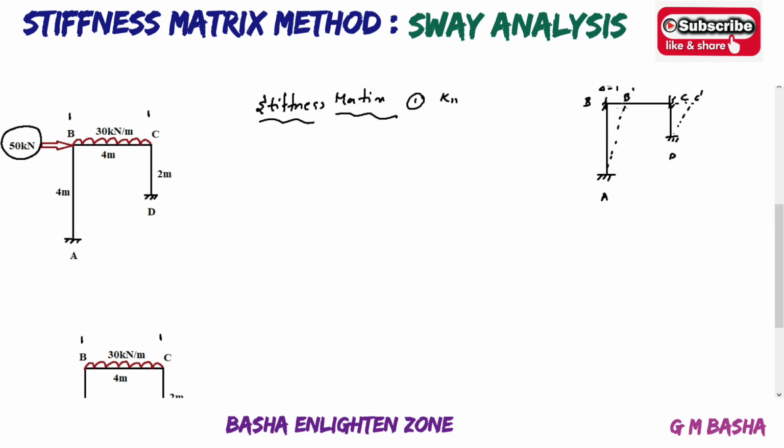See here, if it bends like this, I will take one external force acting like this, meaning the beam will be like this. If I apply any force, there is a chance of moving the beam from here to here. Therefore, I am taking anti-clockwise here, which is B to B dash. In the same sense, if the frame leads like this way, I am applying anti-clockwise force based on the sway.